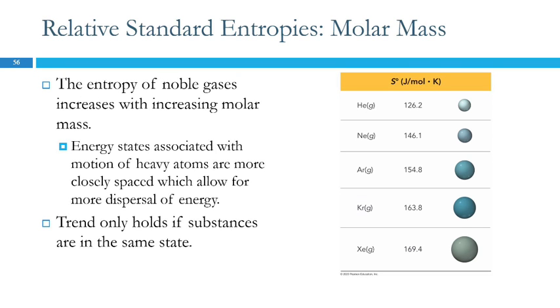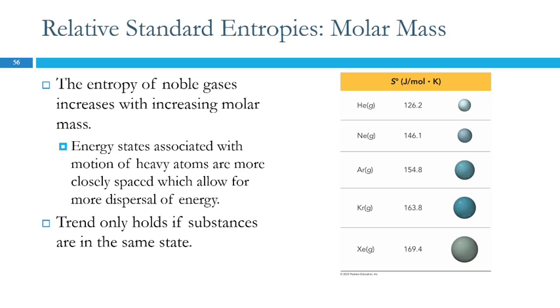Molar mass affects this as well. Here we're looking at the noble gases, and this is the same order they are in the periodic table. Their molar mass is increasing as we go down, and the standard molar entropy is also increasing.